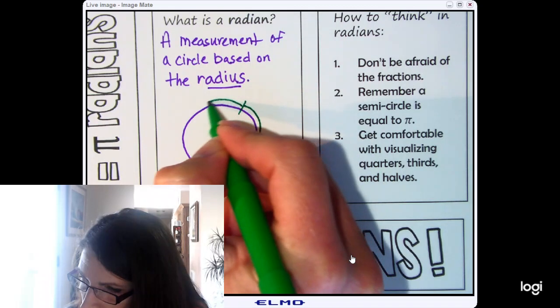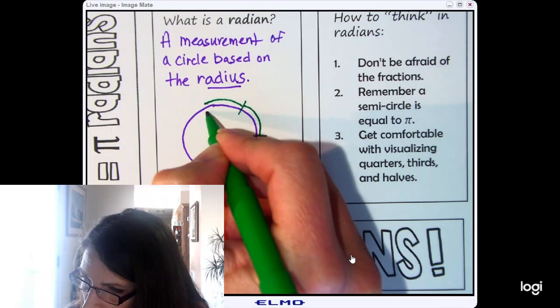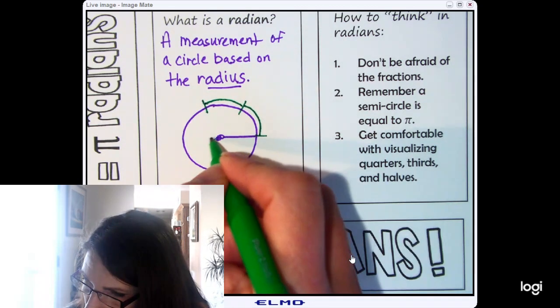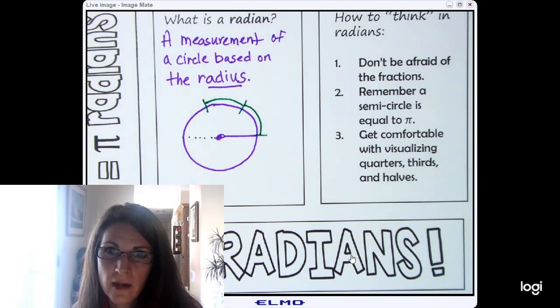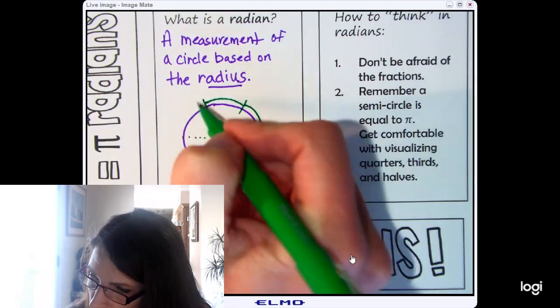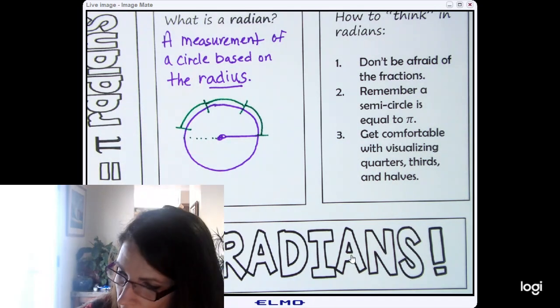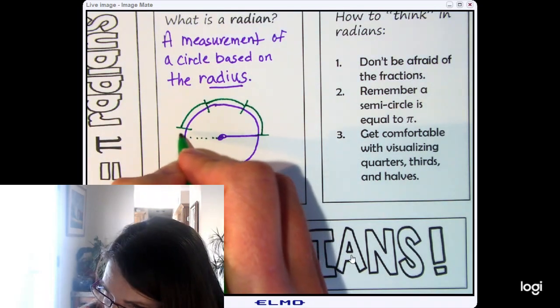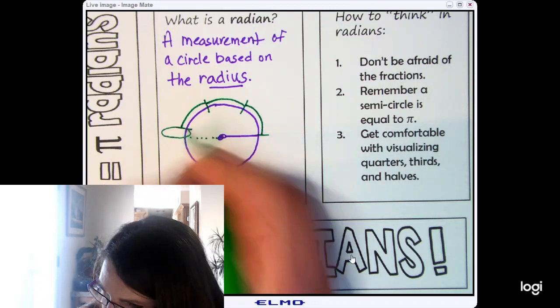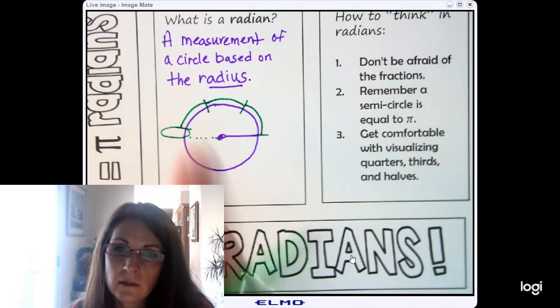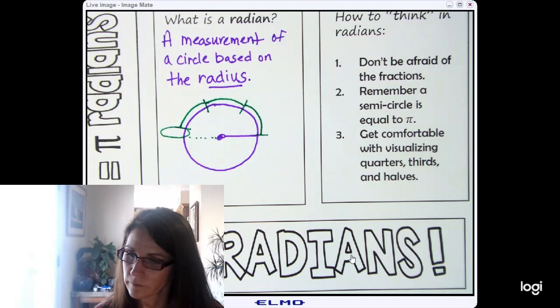Two radiuses would land you about here. I'm going to draw in that diameter too. Three radiuses would put you about here. And then there is this little no man's land right here that's left over before I hit the semicircle.